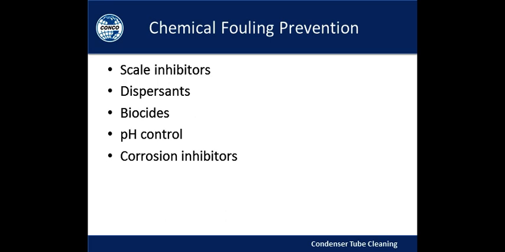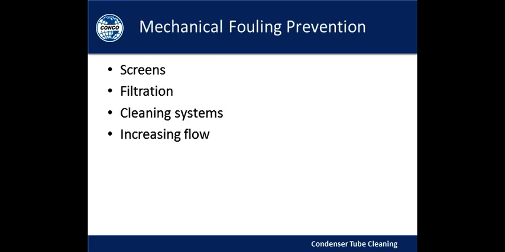Now, under mechanical fouling prevention, there are screens, filtration systems, even online cleaning systems that are used to maintain the cleanliness of the condenser. And of course, you can even ramp up your circ water pumps and increase the flow to get a better result. But that's going to cost electricity to run the pumps at a higher rate.